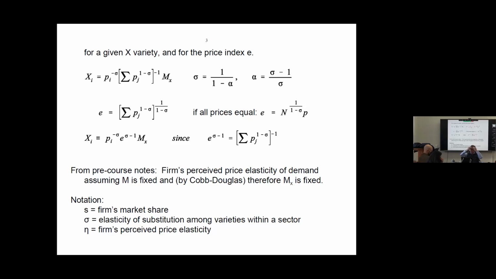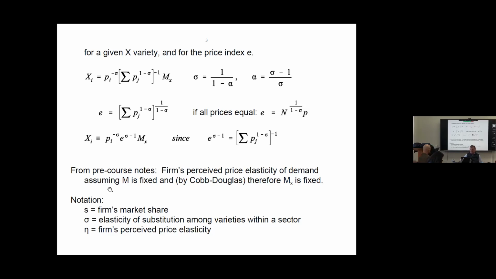So just to make a point, I think many people have been through this, but suppose all prices are equal. Then you're just looking at n times the price, the price of all of them, to the sigma minus 1, and then 1 over 1 minus sigma.